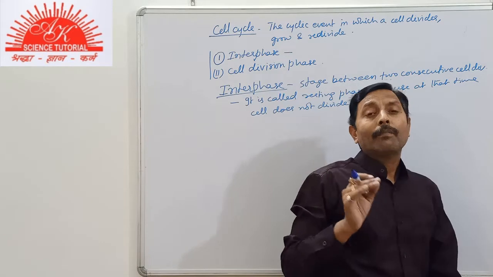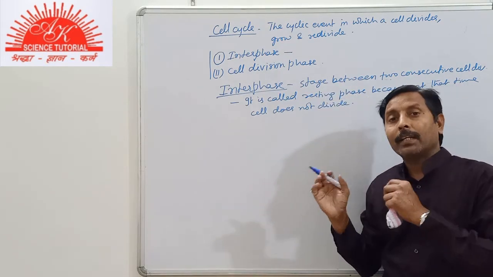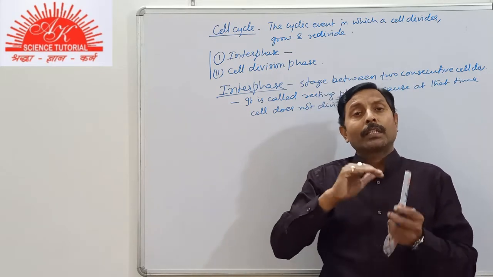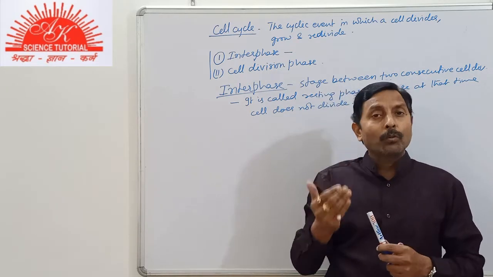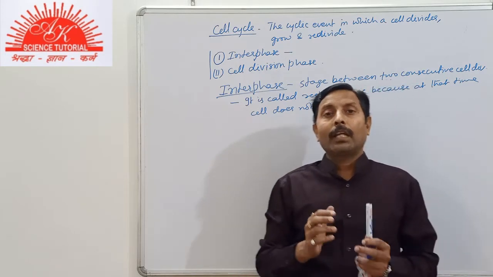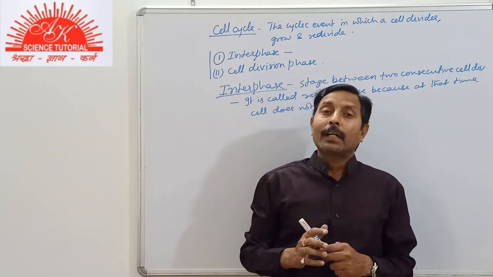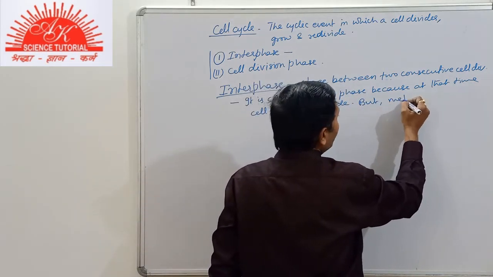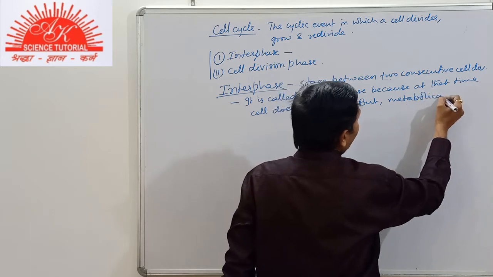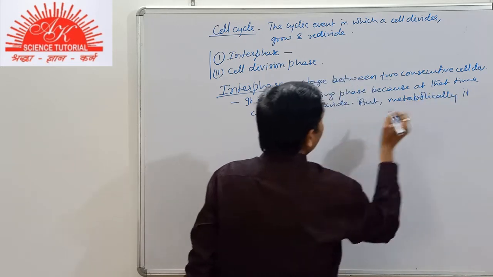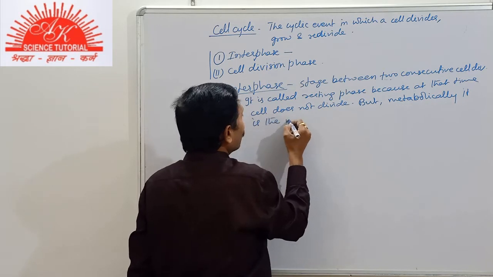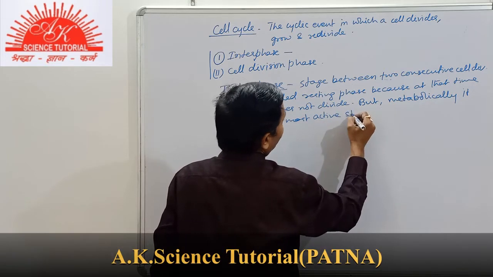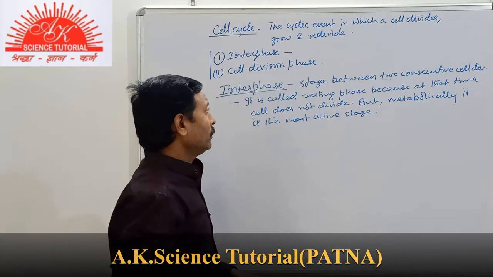But metabolically it is the most active stage, because during this phase all kinds of synthesis processes, formation of new cell organelles, maturation of the cell, and increase in size and volume of the cell take place.